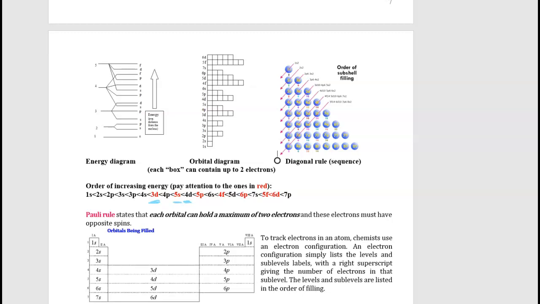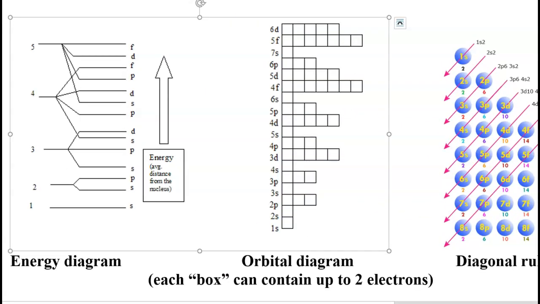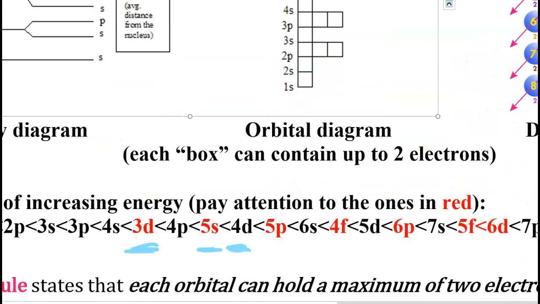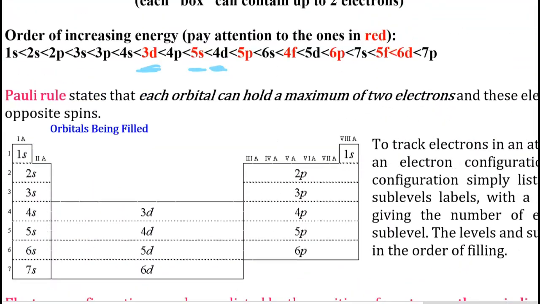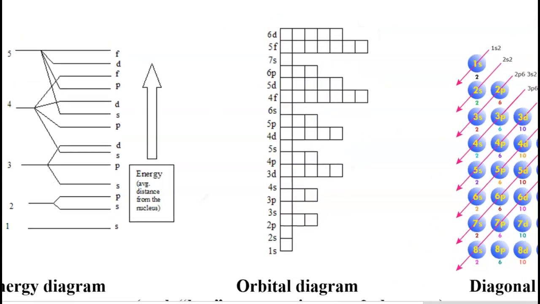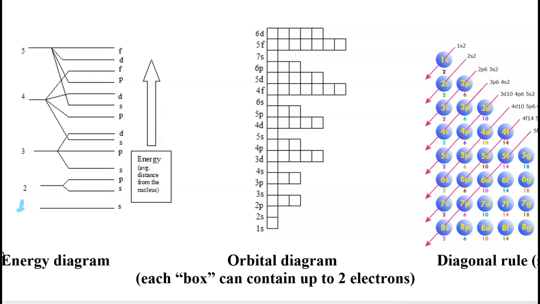So what does that mean? I want you to take a look at this picture. It shows us that the first shell has only one subshell, which is s. The s subshell has the lowest level of energy all the time.